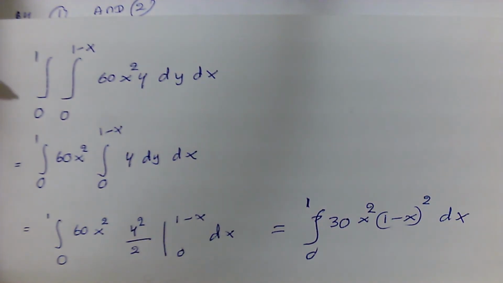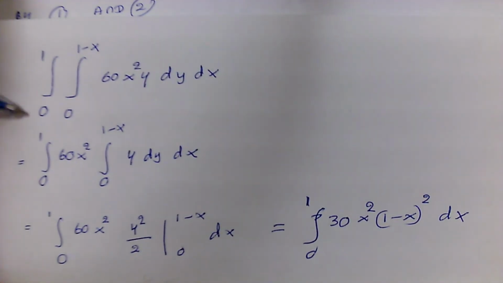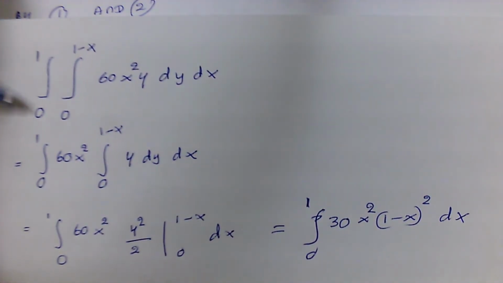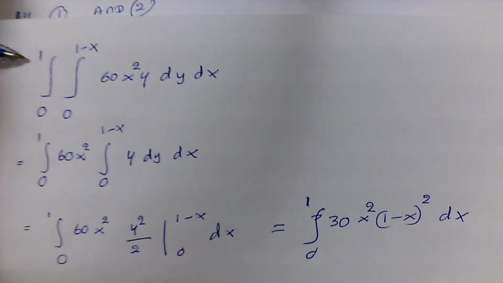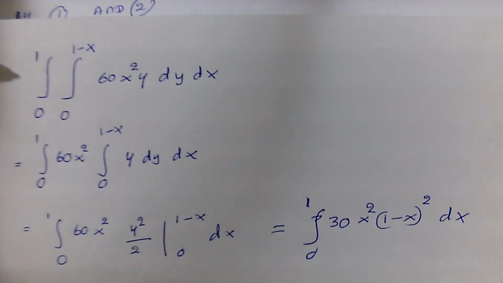So after finding the support of x and y, now you can integrate the joint density with respect to x and y. Since one variable depends on the other variable in terms of the inequality, you should write your outer integral with respect to the variable which has numerical limits, and your inner integral with respect to the variable that depends on the other variable.